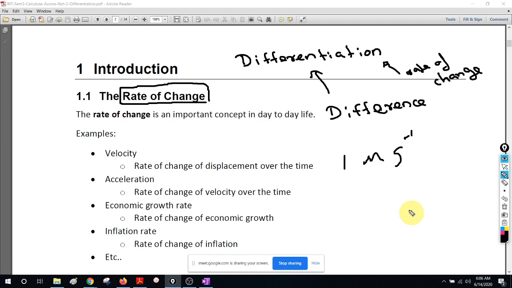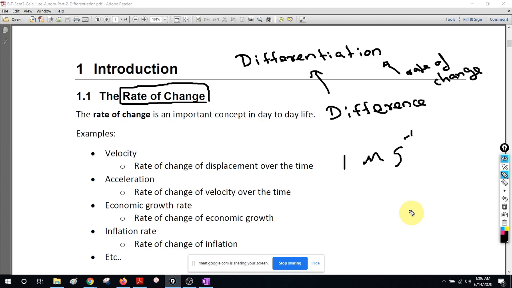That is very important in the real world also. We are really interested in rate of change, for example, of the economy, or economic growth. Economic growth means how fast the economy is growing. If you have bigger economic growth, that means the country is moving really well.